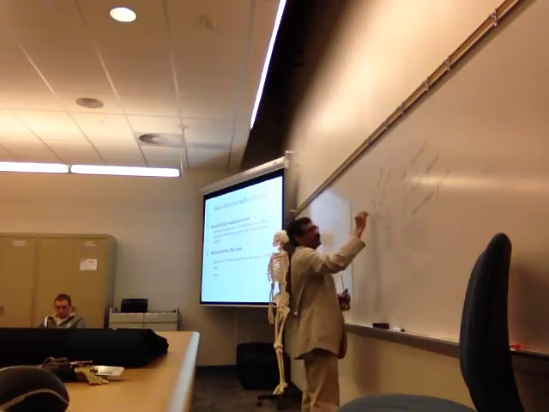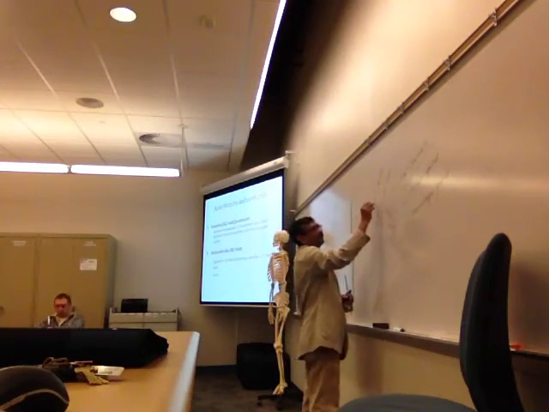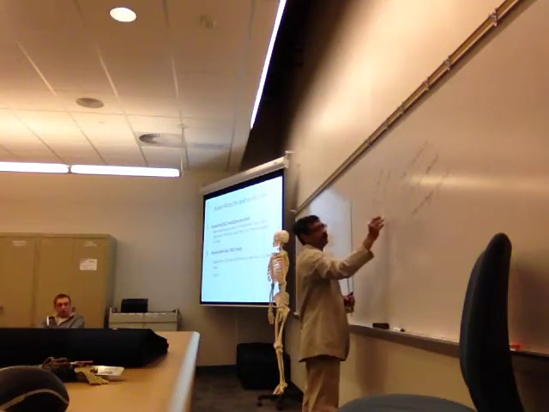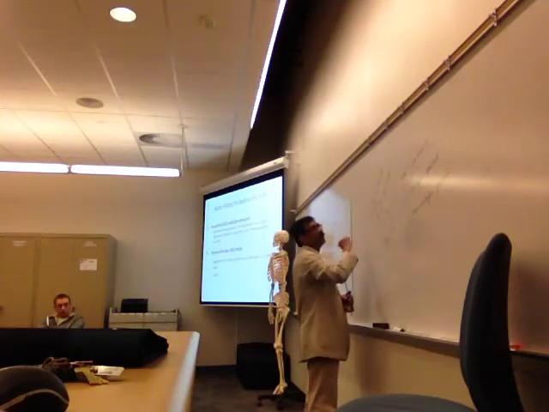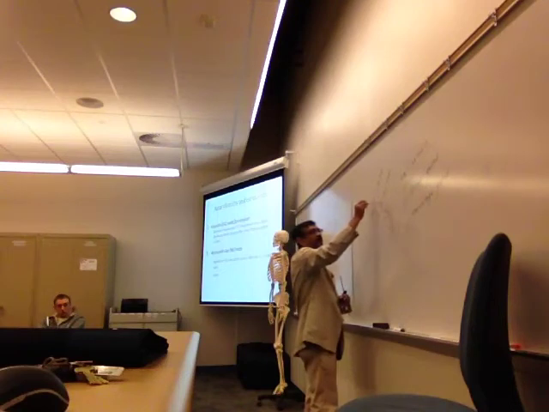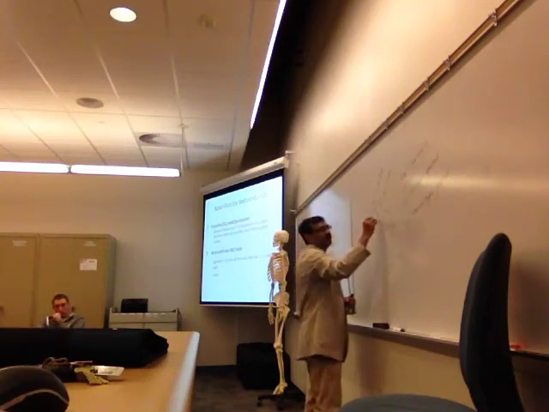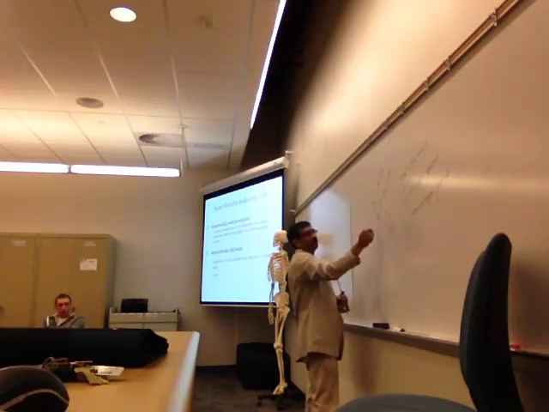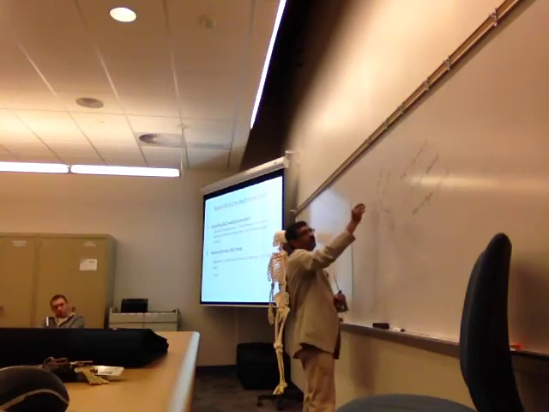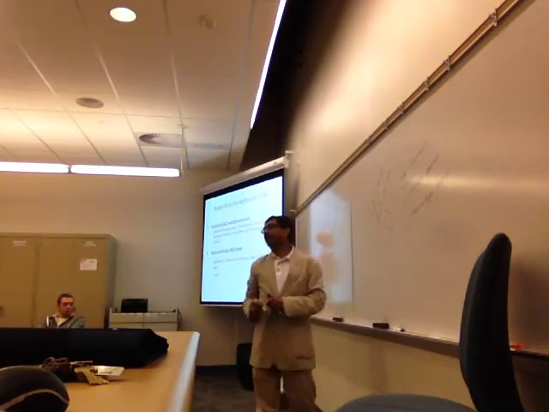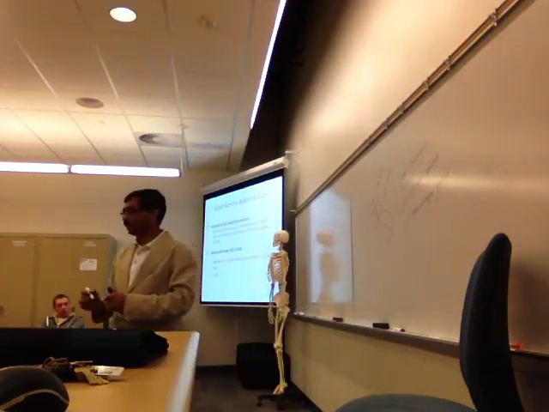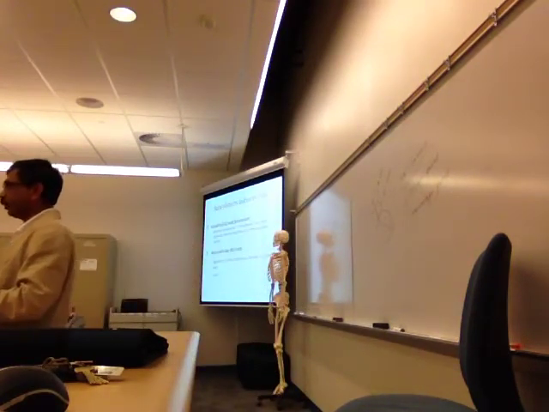Okay, so this is the right atrium, this is the left atrium, left ventricle, right ventricle, okay? And here is the partition between atrium and ventricle. So both the SA node and AV node are located inside the right atrium, okay? Right atrium, remember that? Both SA node and AV node.